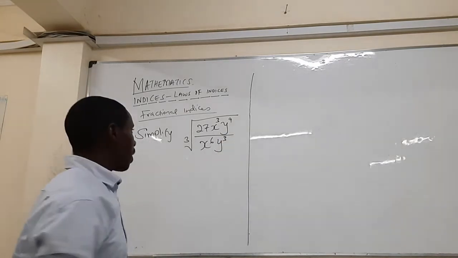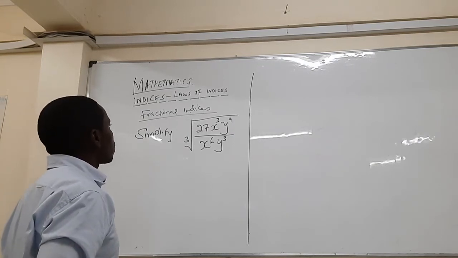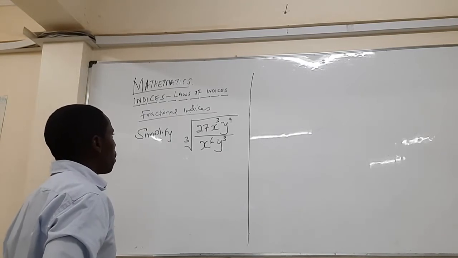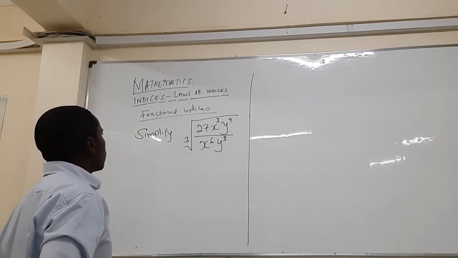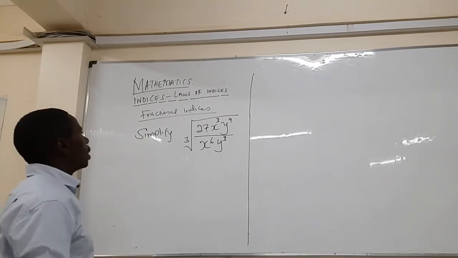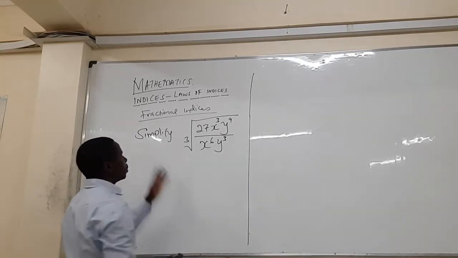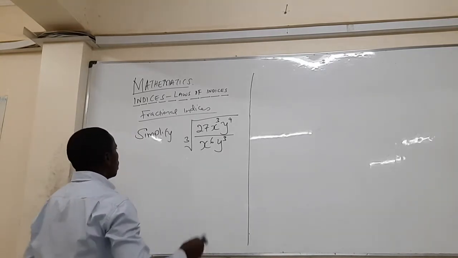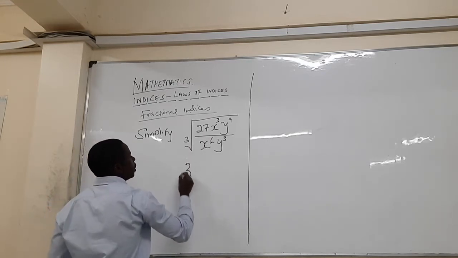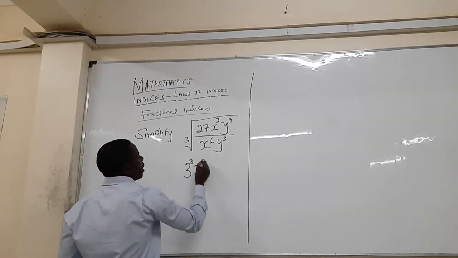So you have to simplify the cube root of 27 x cubed y power 9 all over x power 6 y power 3. The first thing is you can work out what you have inside here before you open the cube root. So I can have 27 the same as 3 power 3 times x power 3.